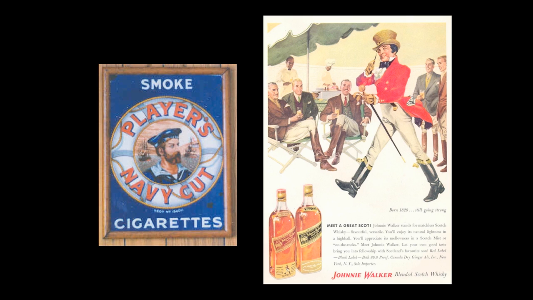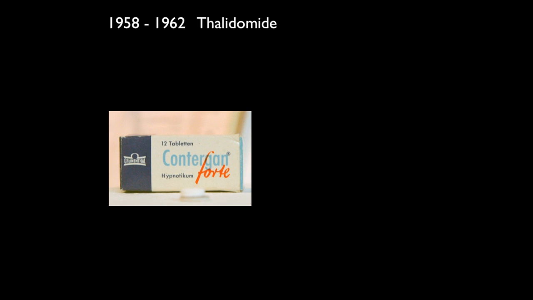Typifying the rush to find wonder drugs in the early 1950s, a German manufacturer of soaps and cosmetics, Chemie Grünenthal, decided to diversify into pharmaceuticals, hoping to find an antibiotic. Their first two antibiotic projects actually failed.